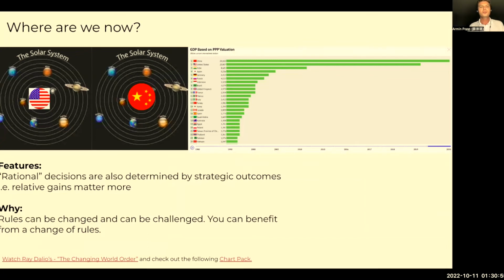You might have heard about the splinternet, about trade wars, about a US-China tech war. The reason is that you have two solar systems now. Nations are circling China and they are circling the US. And now the whole feature of this system is changing.